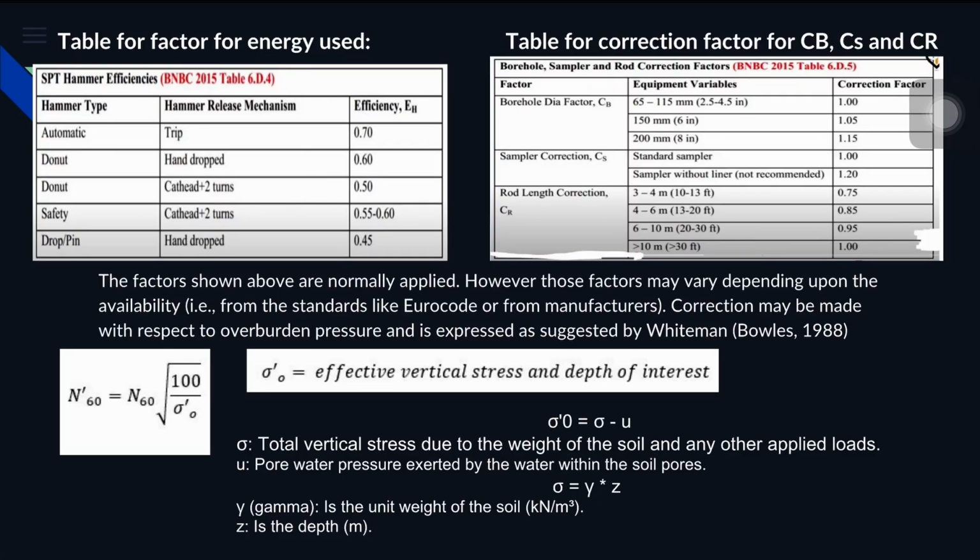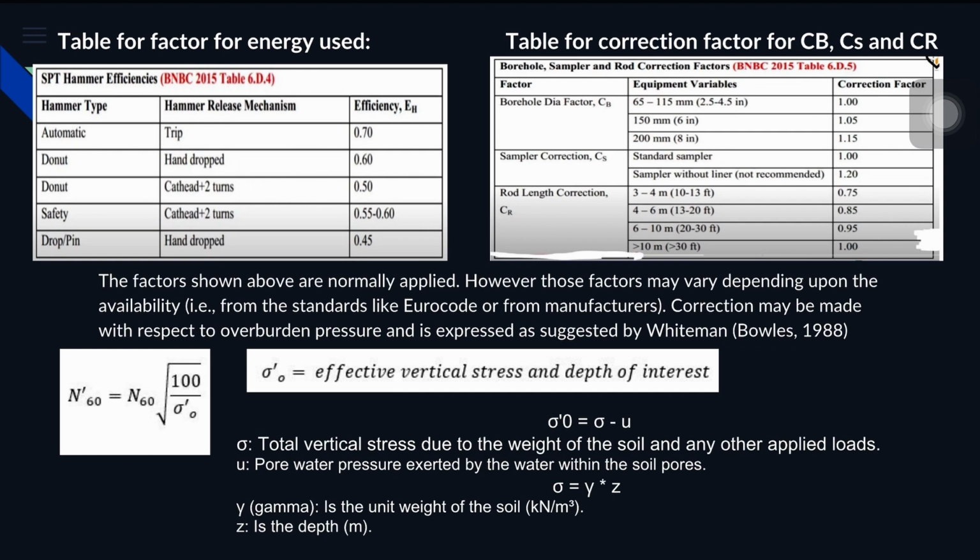For the left table, the factor for energy use is based on SPT hammer efficiency, BNBC 2020 table 6.D.4, which consists of hammer type and the hammer release mechanisms.